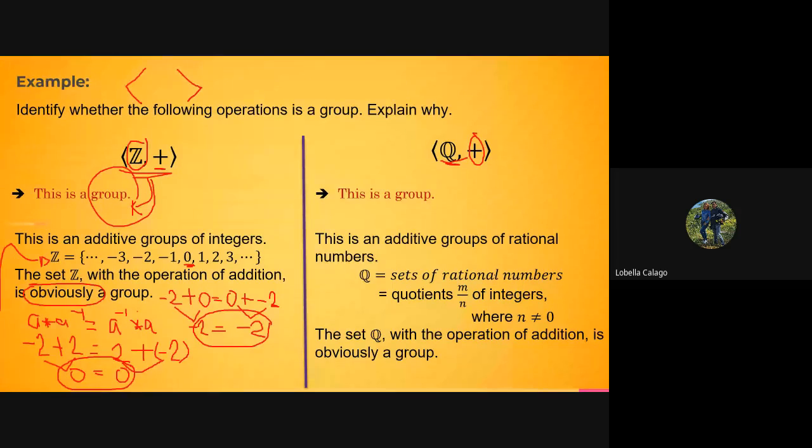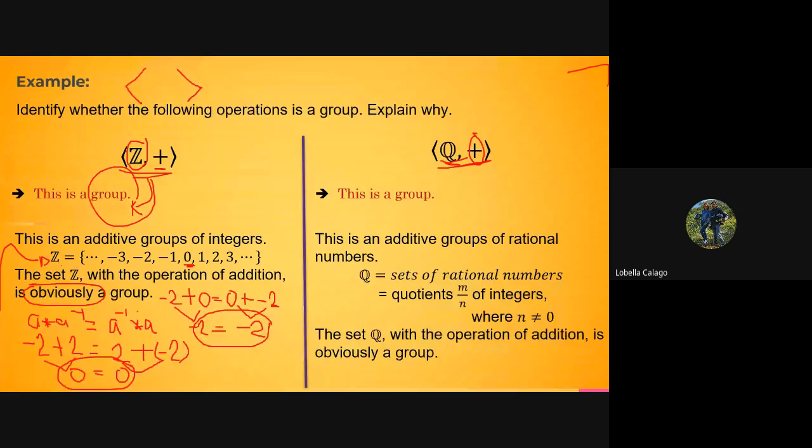Kasi we only have, anong oras na ba? So, we still have more to discuss. So, pag may time pa ako, i-try natin isolve ito. So, ganito. Sinabi daw, this is a group. So, ano yung mga rational numbers? If we select any number here from the integers, i-divide natin sa 2.